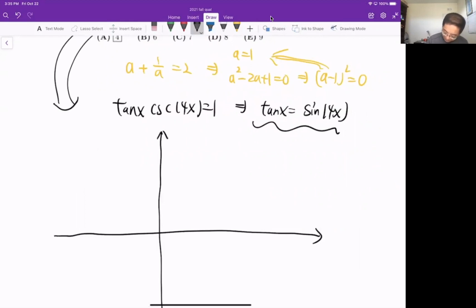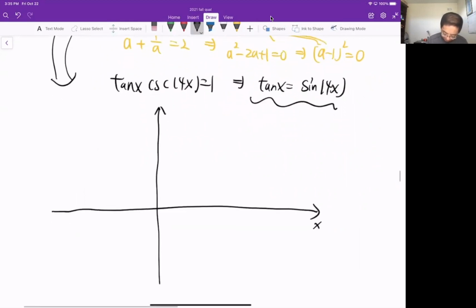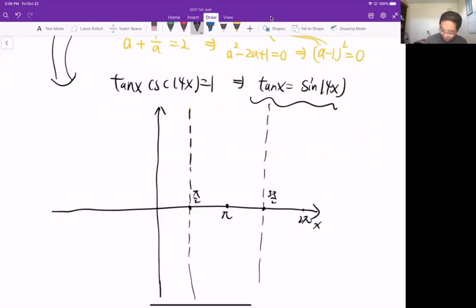Let's draw the graph of tangent x. We know tangent x is periodic, and the period is pi. It has asymptotes at pi over 2, and another at 3 pi over 2. Here is pi, and here is 2 pi.